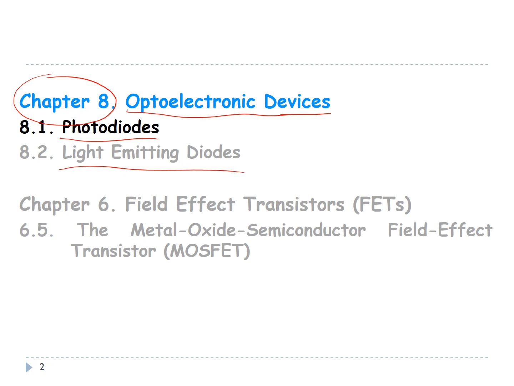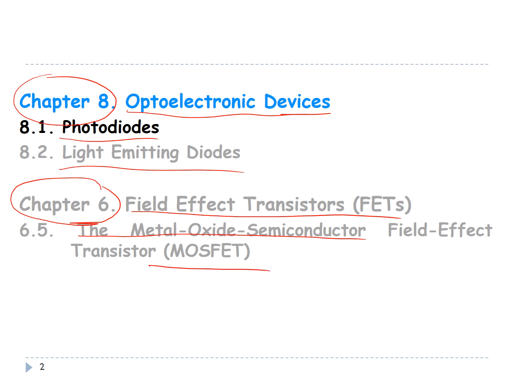We are also going to look at field effect transistors, and these are described in chapter 6 of your reference text. Under field effect transistors, we are going to look at metal oxide semiconductor field effect transistors, abbreviated as MOSFETs. We are also going to compare MOSFETs to TFTs.